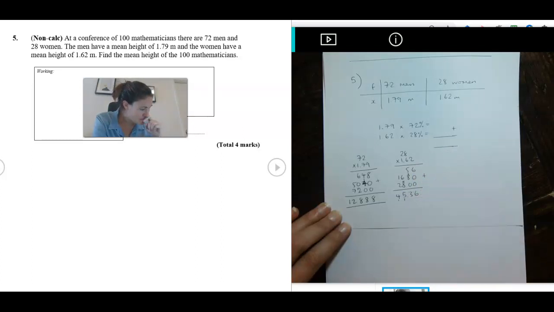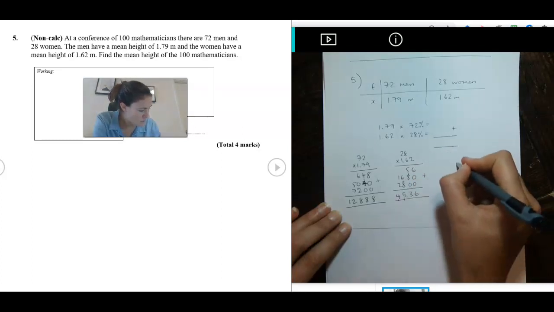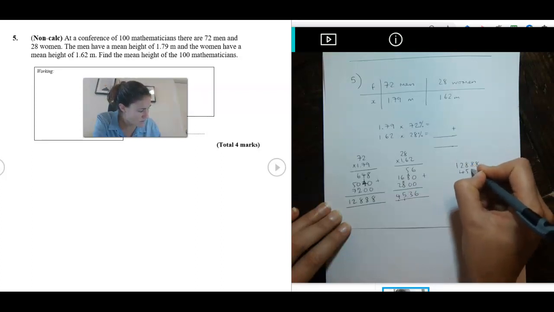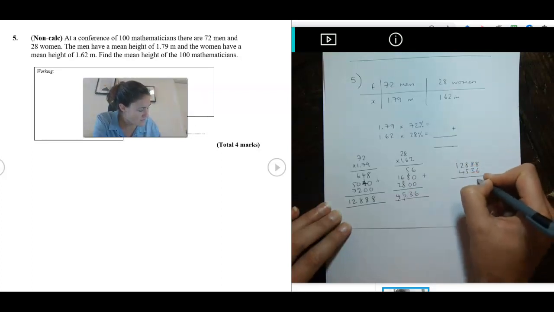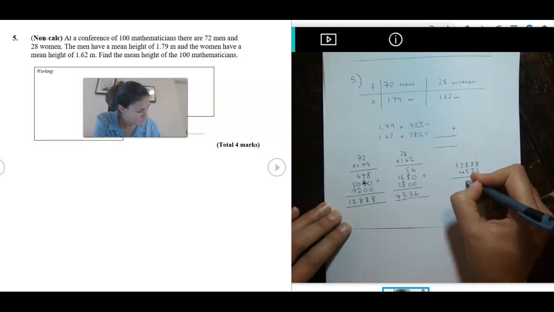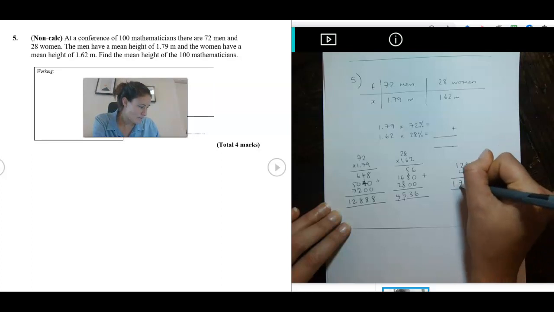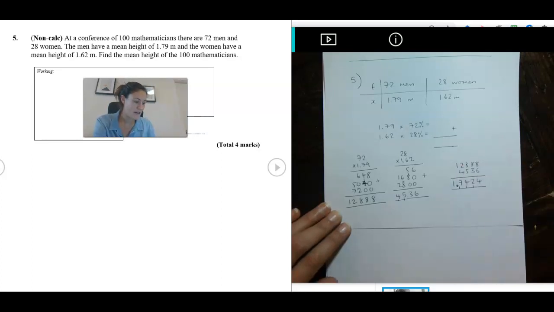I might just put it in afterwards. It's going to be pretty obvious where the decimal point needs to go, because otherwise it would be a crazy answer. So there we go. Obviously our decimal point goes here.